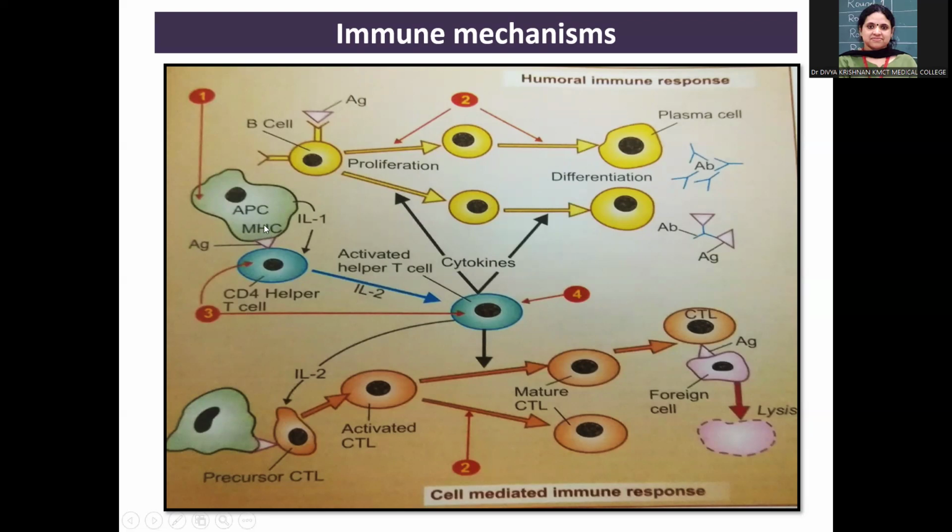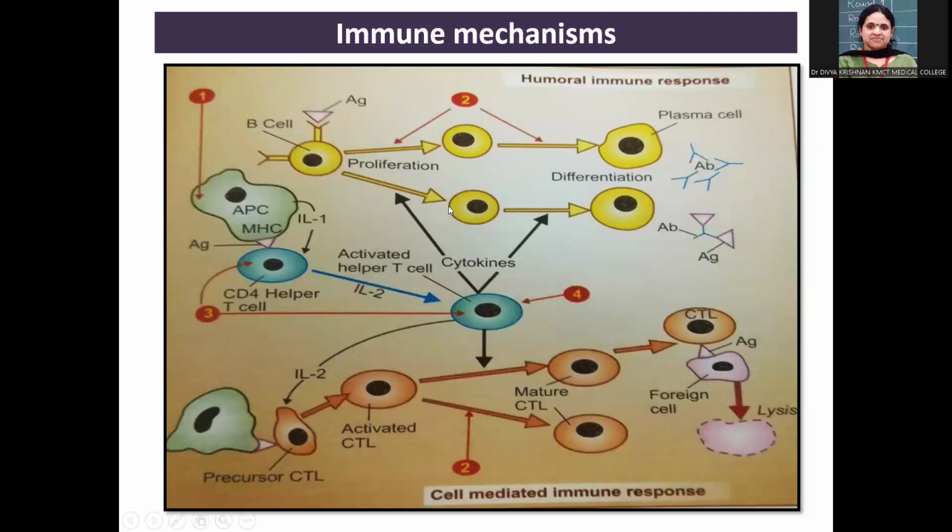So you can consider this MHC class 2 as a plate on which this antigen is presented to the CD4 helper T cells. The CD4 helper T cell is kept activated by the interleukin 1. Now, when the antigen is presented to the CD4 helper T cell, which is activated by the interleukin 1, it starts proliferation and starts secreting cytokines.